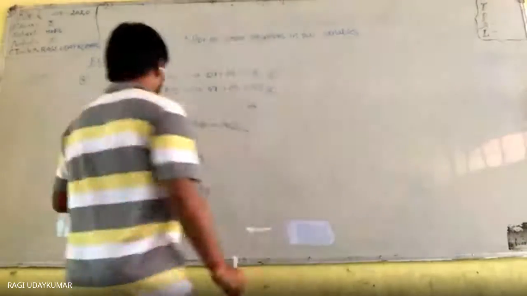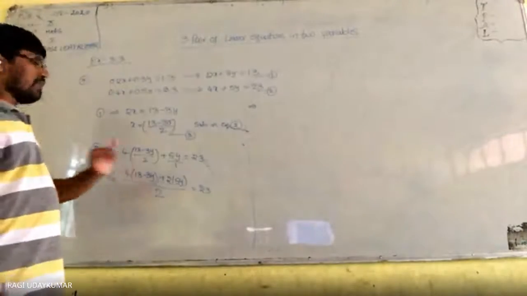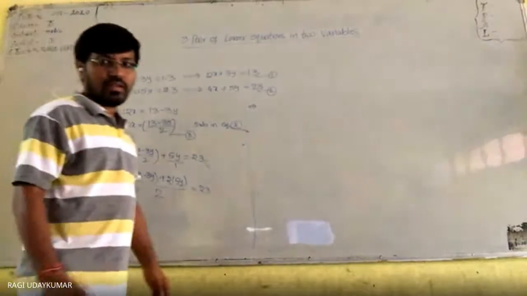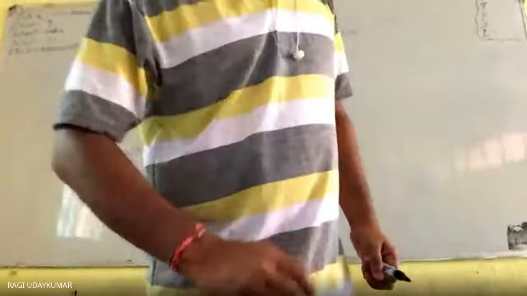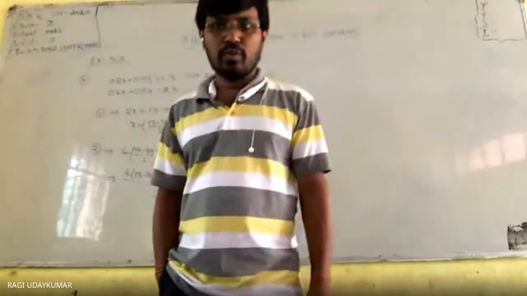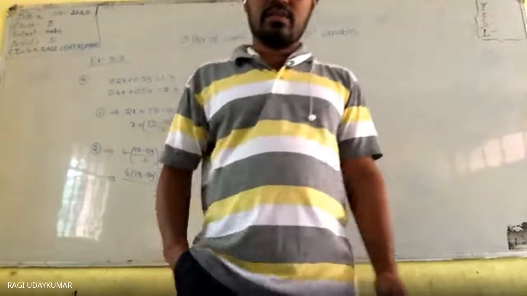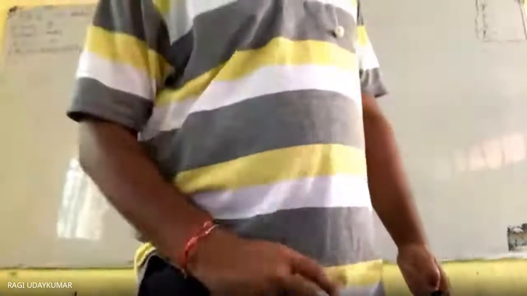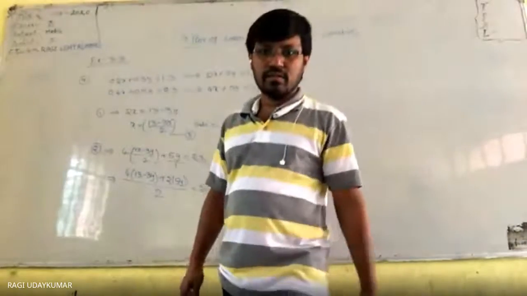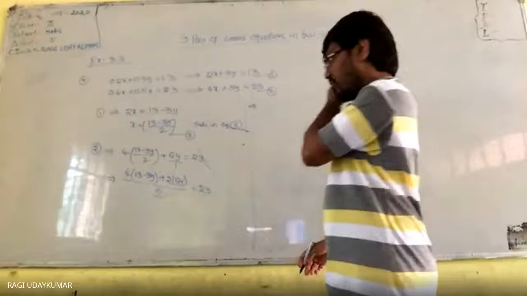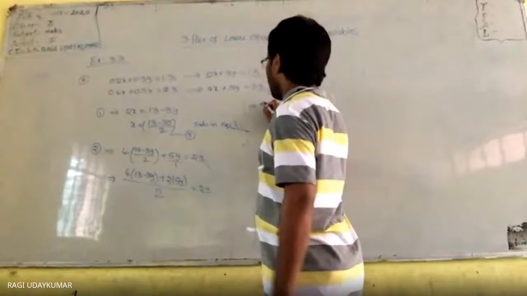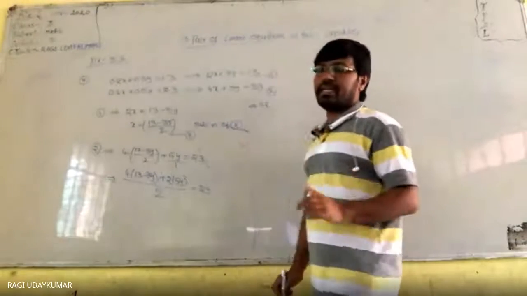So what do you get here? Multiply by 4. 4 into 13 is 52. You need to learn the 13 tables at any time.